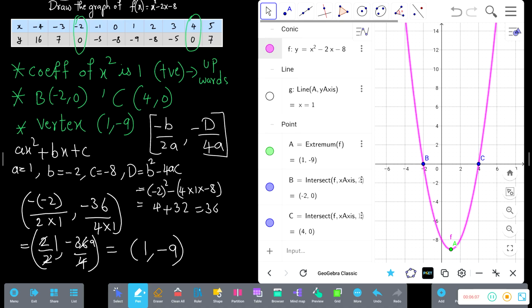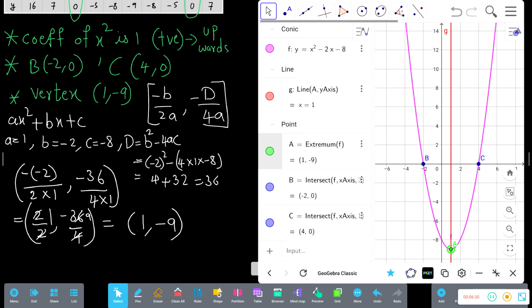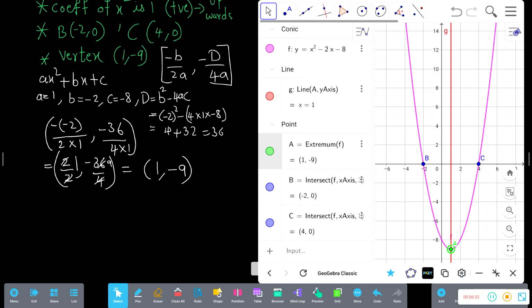Next point is the line passing through the vertex and parallel to the x-axis. So this line which is in the red color, the line passing through the vertex and parallel to the x-axis, will be called the axis of that parabola. What is that?